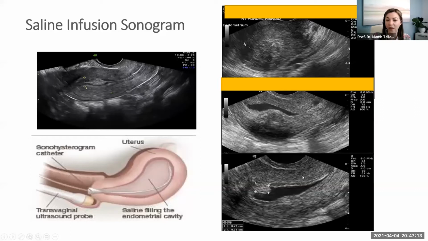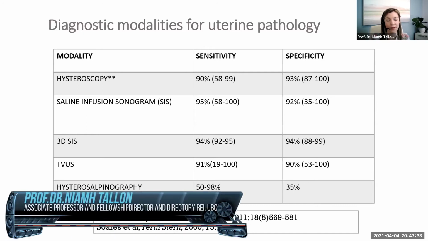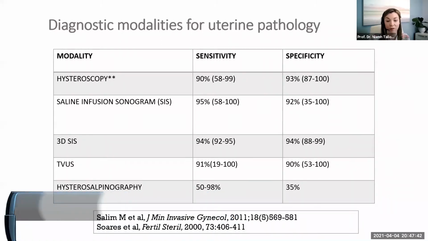Sometimes that's enough, but sometimes you need something with contrast to give you a better view of the pathology within the uterus itself. And hysteroscopy, so a camera test looking inside the uterus, would be the gold standard, certainly considered the best in terms of identifying pathology within the endometrium. But saline infusion sonogram is pretty close. 3D saline infusion sonography is excellent for identifying uterine abnormalities or uterine morphology issues.